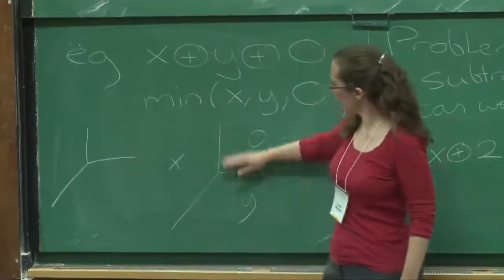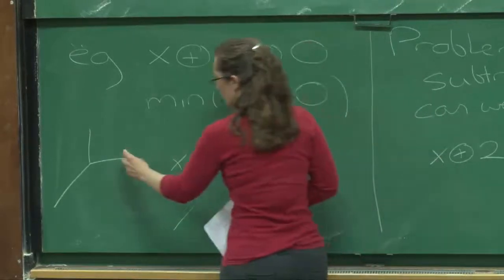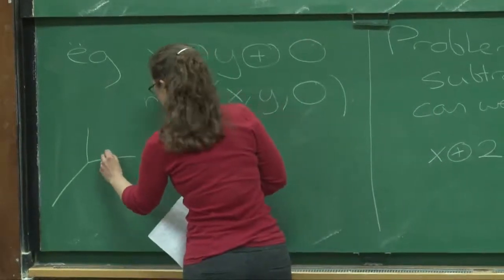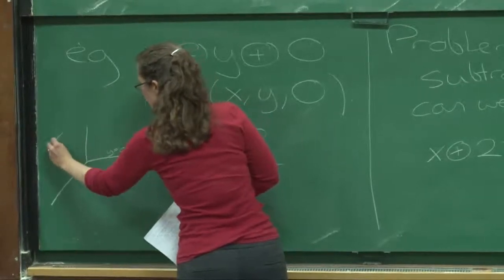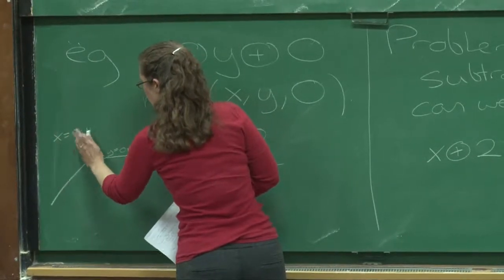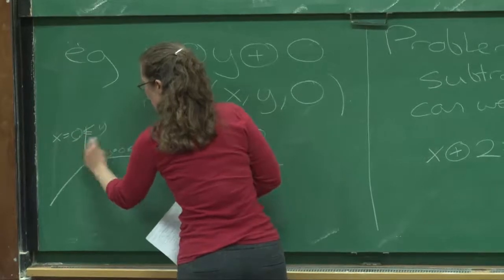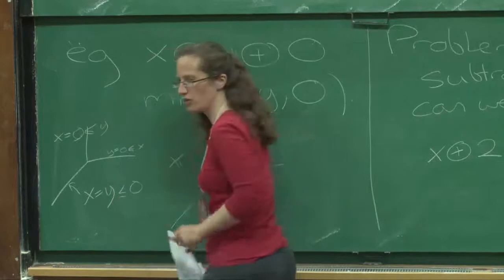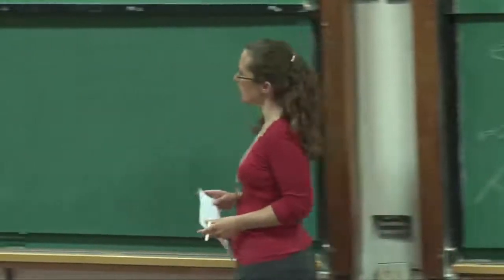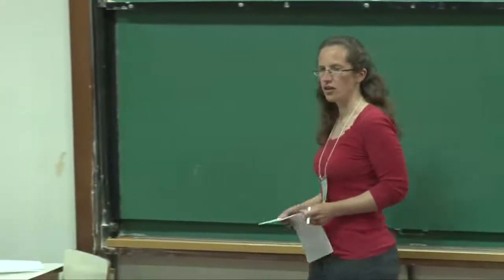So that's the region where the minimum, so this is y equals 0 is less than or equal to x. This is x equals y, so x equals 0 is less than or equal to y. And this is x equals y is less than or equal to 0. Okay, so the minimum is achieved at least twice.